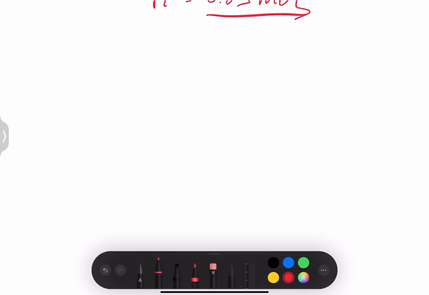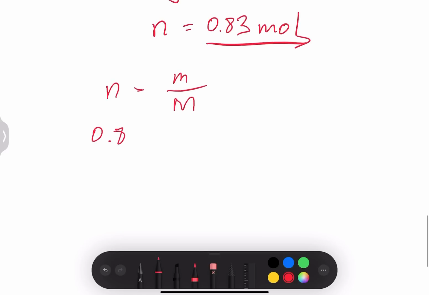So what we would do is go into the periodic table. We use number of moles, which is equal to mass divided by the molar mass. So we take that 0.83 moles. We want the mass.